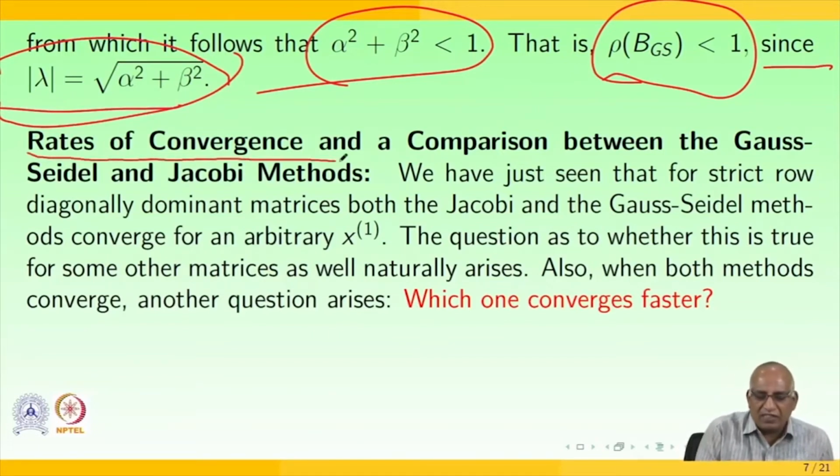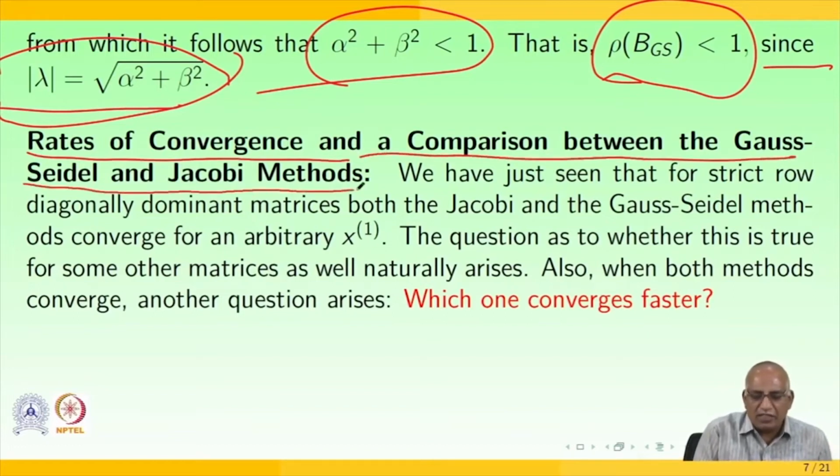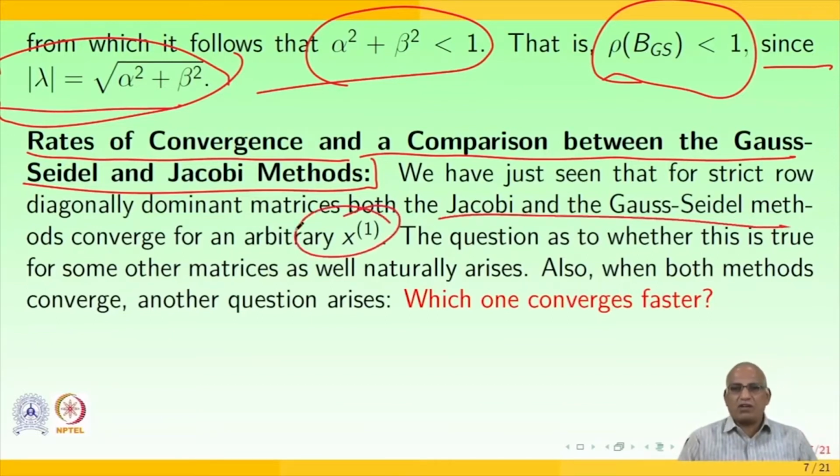The rate of convergence and a comparison between the Gauss-Seidel and Jacobi methods: we have just seen that for strictly row diagonally dominant matrices, both the Jacobi method and Gauss-Seidel method converge for an arbitrary value of x of 1.